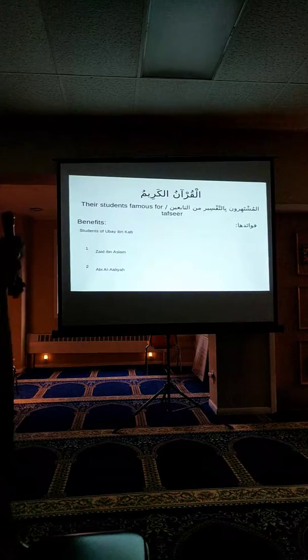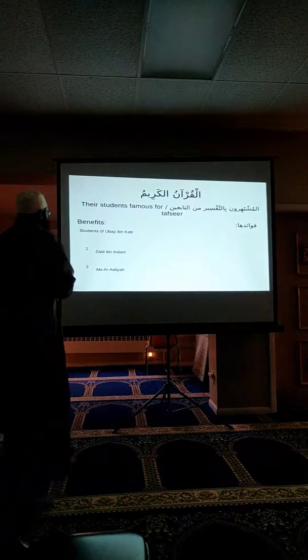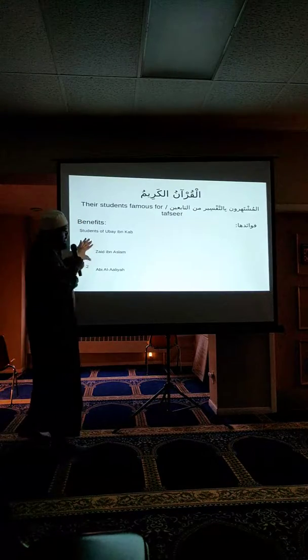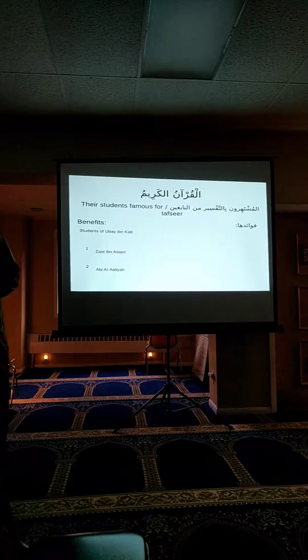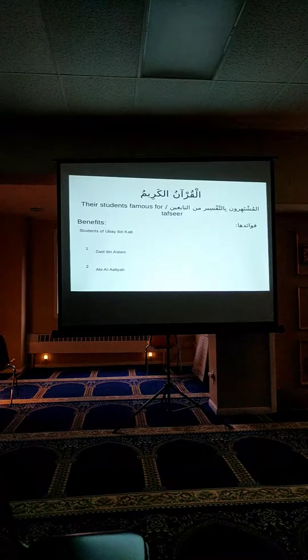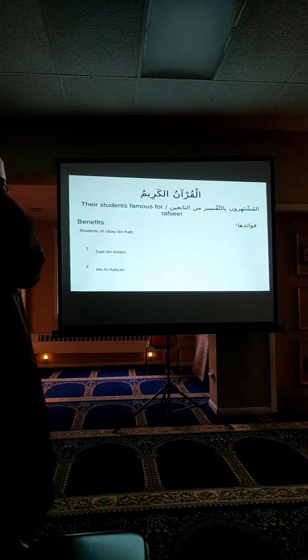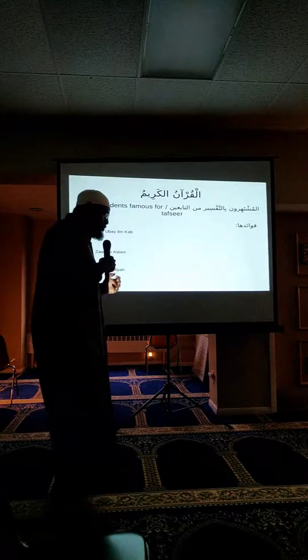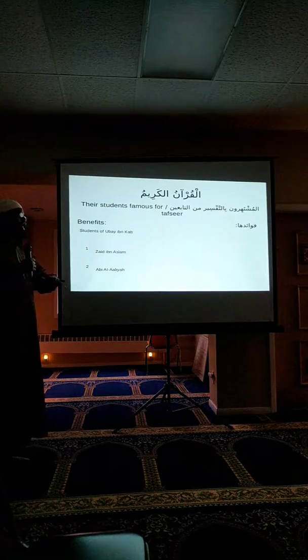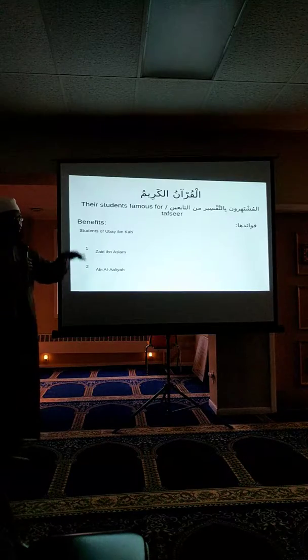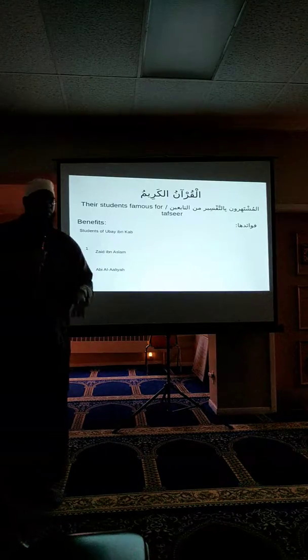So Abu al-Aliyah and Zayd ibn Aslam, those are the students of Ubay ibn Ka'b. And you'll notice something too, that some of these students are known outside of tafsir. Some of them are not. They're just restricted to tafsir.